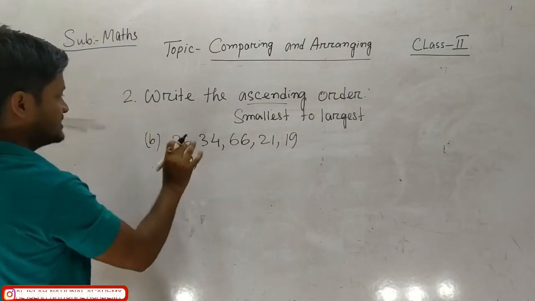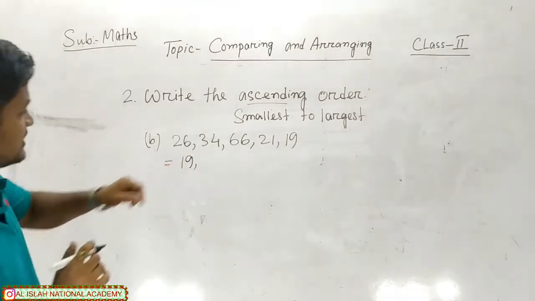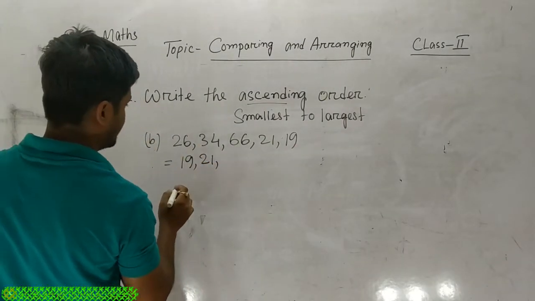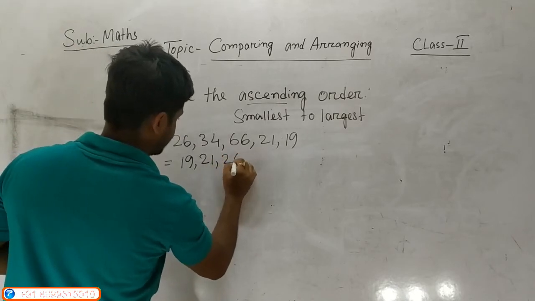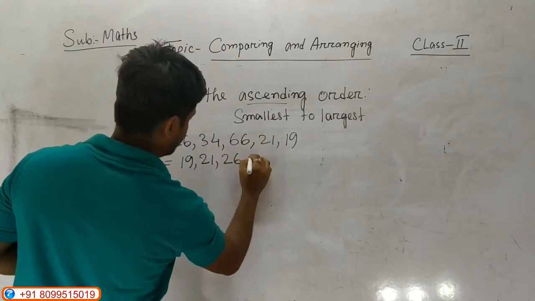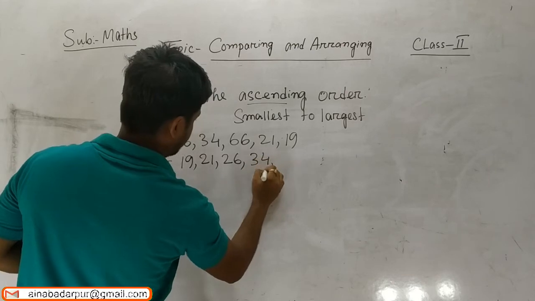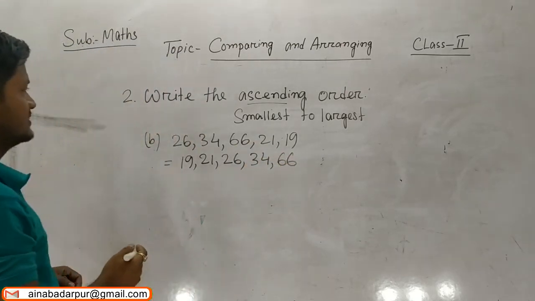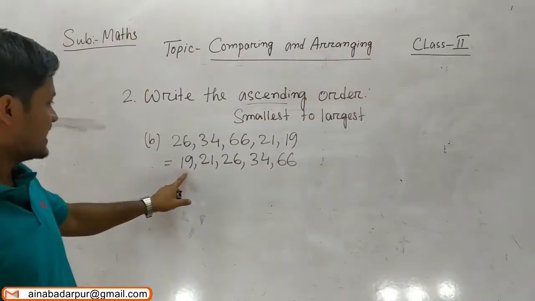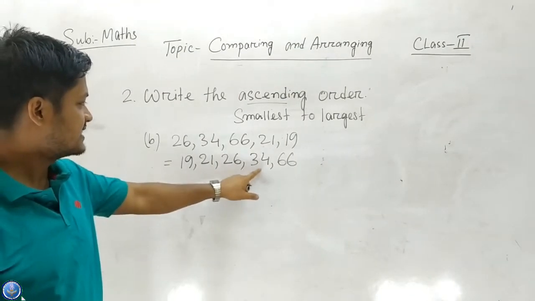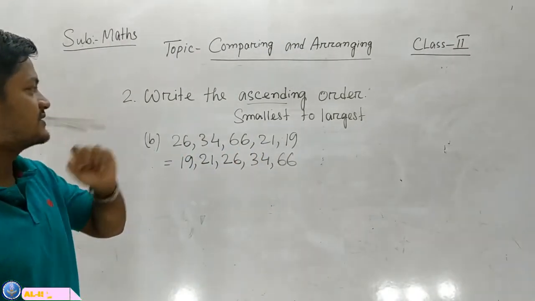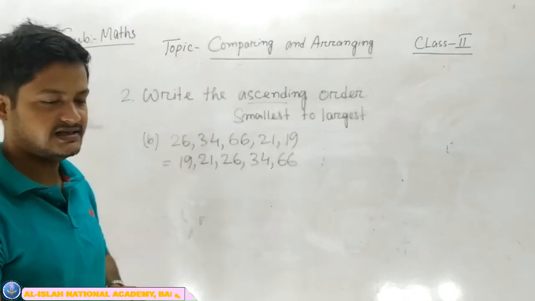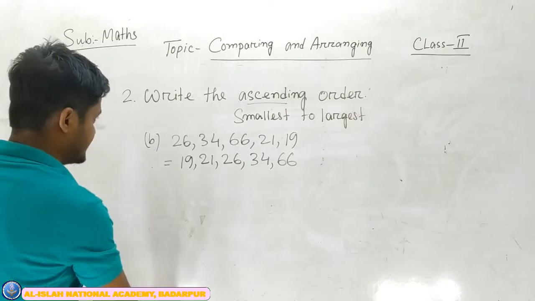Then 21, then 26, then 34, then 66. So 19, 21, 26, 34, 66: smallest to largest. This is called ascending order. Let's see the next question.